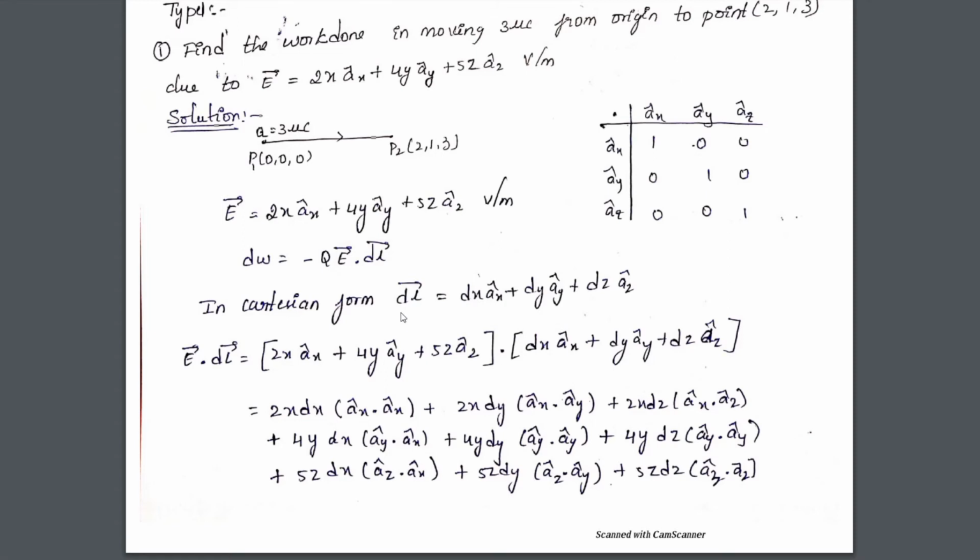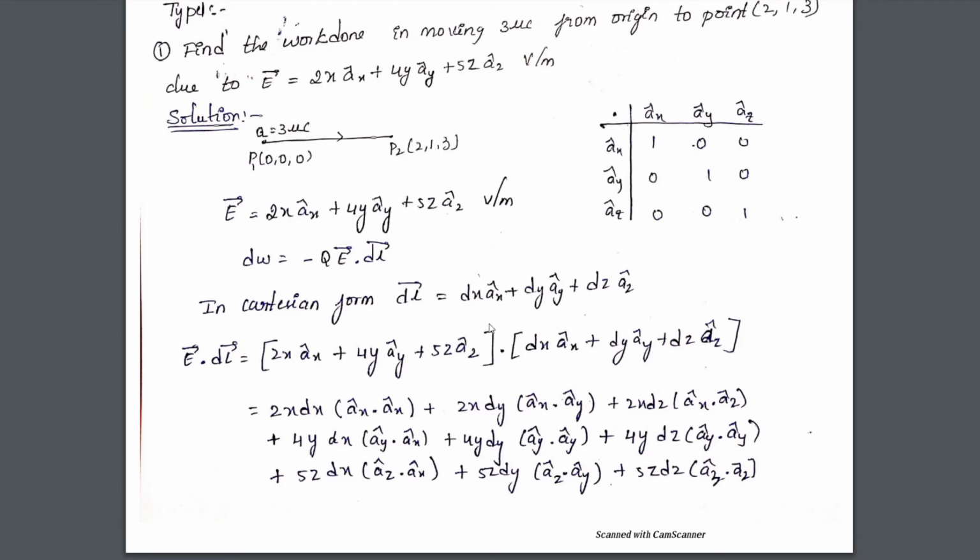E is given in the problem, dl you should write. I told you in the coordinate system, dl in all the three forms. Since E is in Cartesian coordinate system, dl in Cartesian will be dx ax plus dy ay plus dz az. Understood?